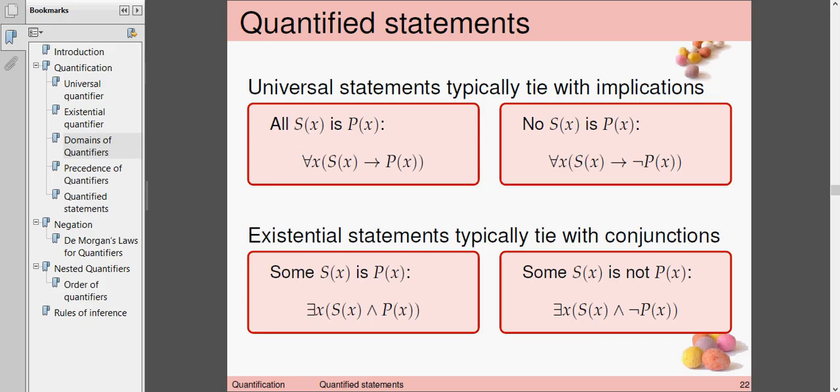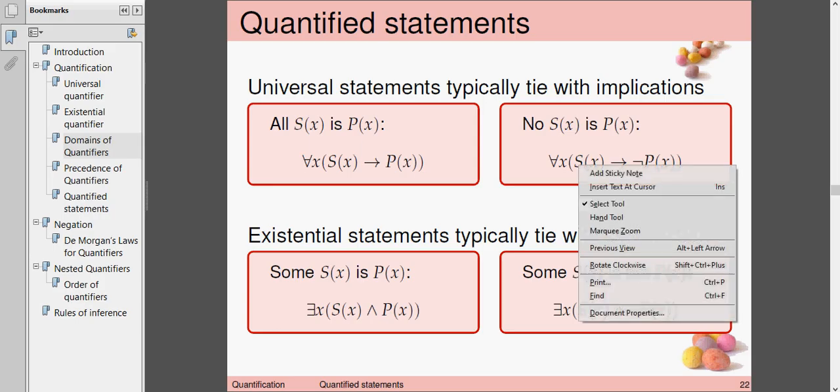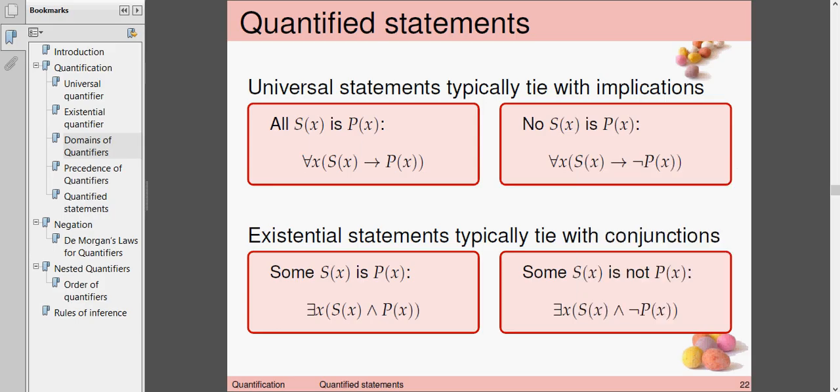Now, S(X) is B(X) for all X: this condition is not correct if any student or any X cannot give me B(X), and gives me not B(X).